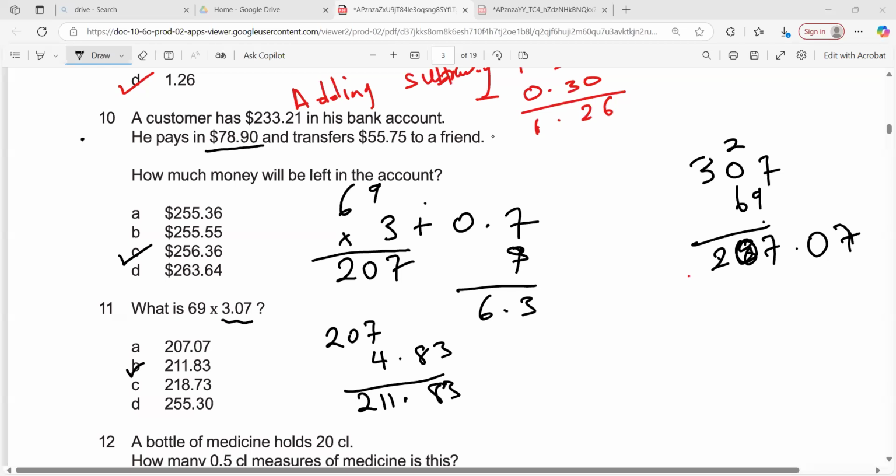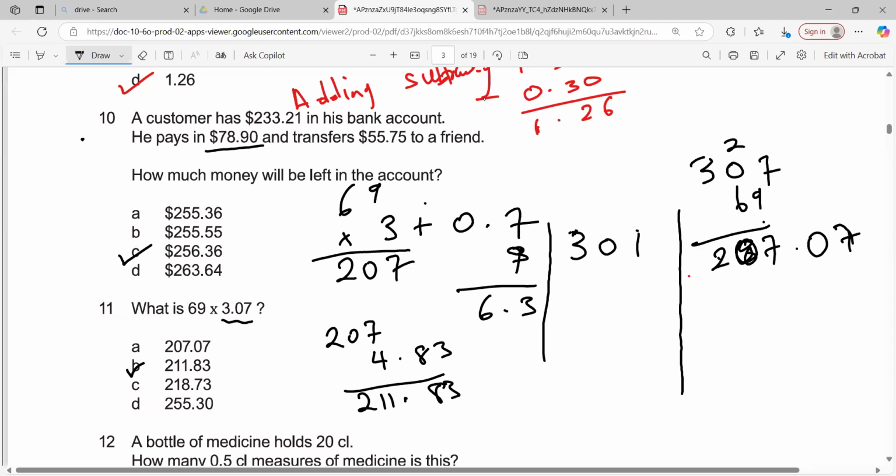Sir, my answer was B as well because the same thing that he did, 69 times 3.07. But instead of using the decimal point, I took away the decimal point and just multiplied.